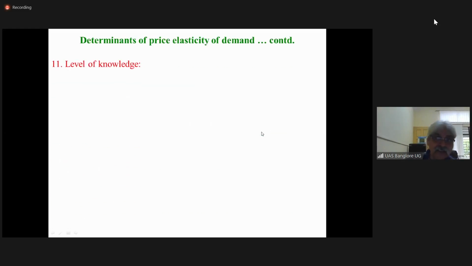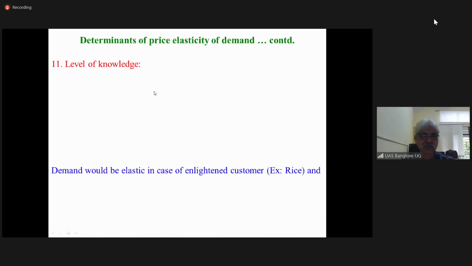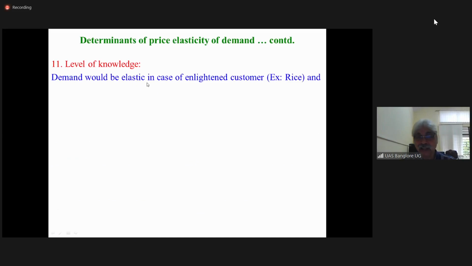Then the 11th determining factor which affects price elasticity of demand is level of knowledge. If you have very good knowledge about the product, it becomes cheaper for you. If you don't know anything about the commodity, you know what happens when you go to the market. Demand would be elastic in case of an enlightened customer. You go to the market to buy rice.